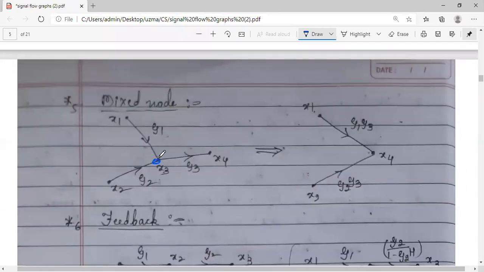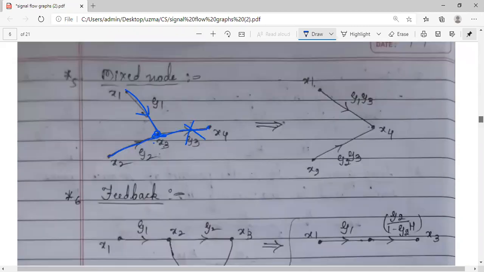You can see for the x3 node, the incoming signals are x1 and x2. So only for incoming signals you have to write the equations, not the outgoing. You can see x3 is the outgoing signal, then it is reaching x4. I should not consider this. I have to only consider x1 and x2.